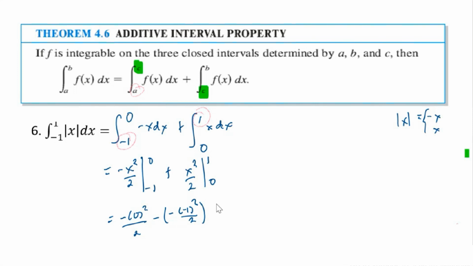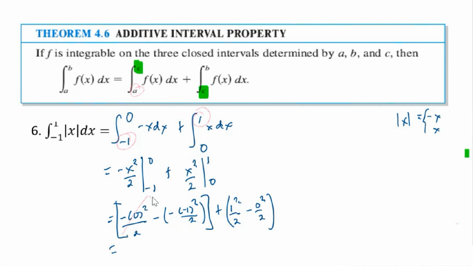Then the second term will be plus 1 squared over 2 minus 0 squared over 2. This is our first term and this is our second term, the evaluation using the fundamental theorem of calculus. By simplifying, the square of 0 is still 0, times negative is still 0, therefore 0 over 2 is 0.